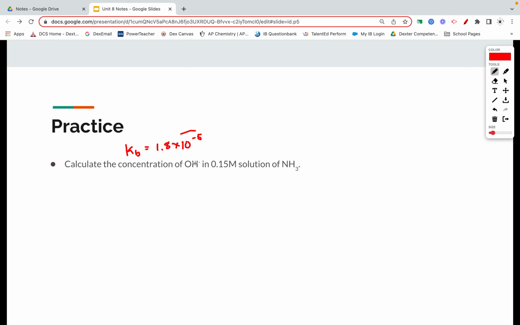So using these two values, we can actually figure the concentration of OH minus.